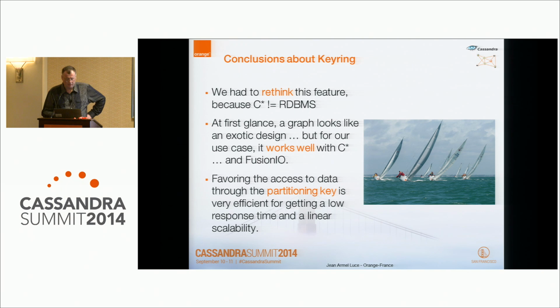What is very important here is that we favor the access to data through the partitioning key. And of course, accessing the data through the partitioning key is the most efficient path when we use Cassandra. That's also the reason why we have a very low response time. And also, we have a linear scalability for this feature.